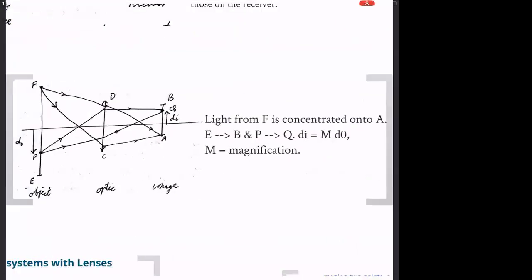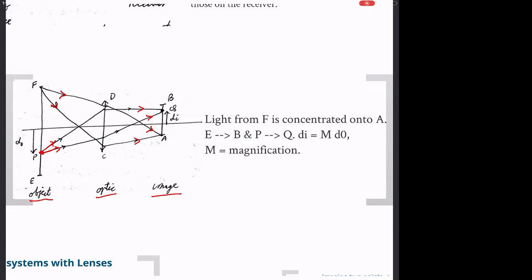Again, if you think about an object shown here, and you have an optic, a lens for instance, forming an image, rays from a point P, shown by these lines, get collected and redirected by the lens onto a point, in this example, Q. So light from P goes to Q, light from F goes to A, light from E goes to B, and so on.